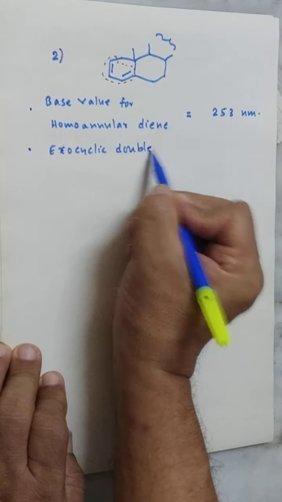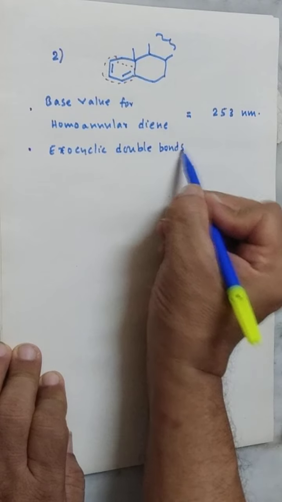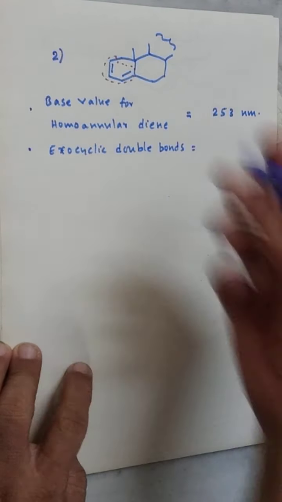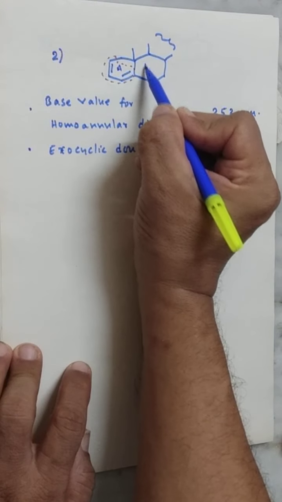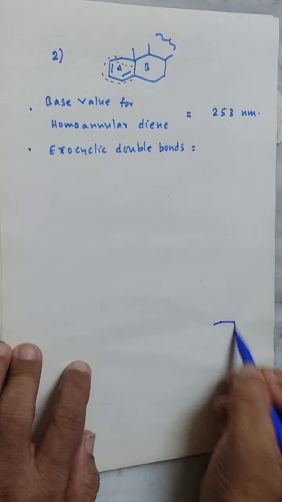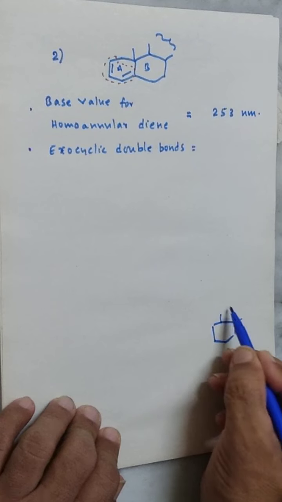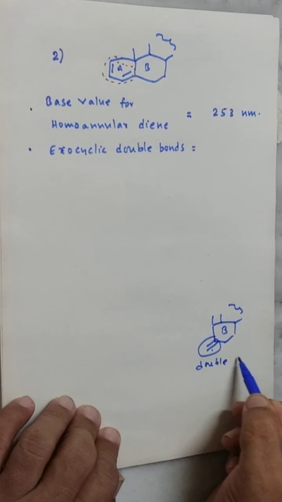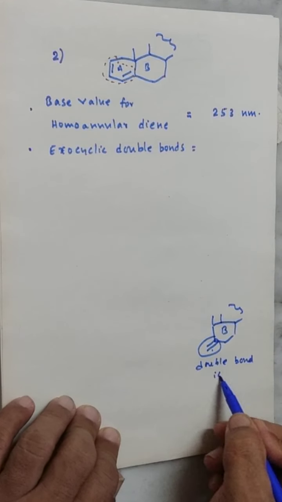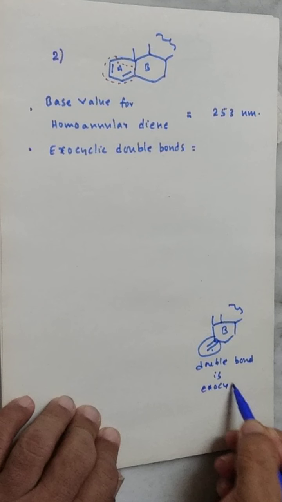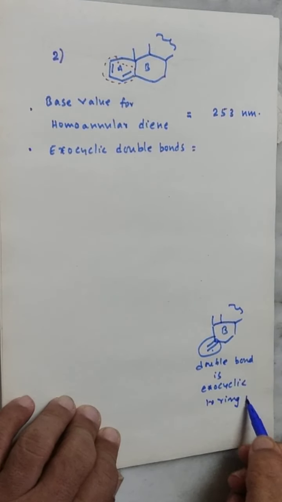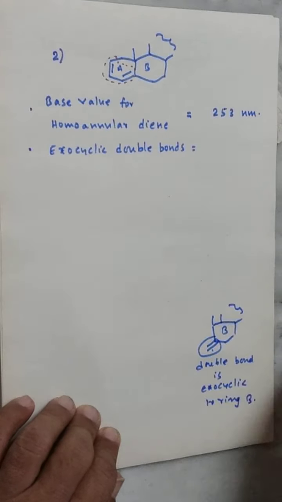Exocyclic double bonds. Just write this, this is ring A again, this is ring B. Just write this ring B here. So you have a double bond here, this is ring B. Now this double bond is exocyclic to ring B. So you have only one exocyclic double bond.